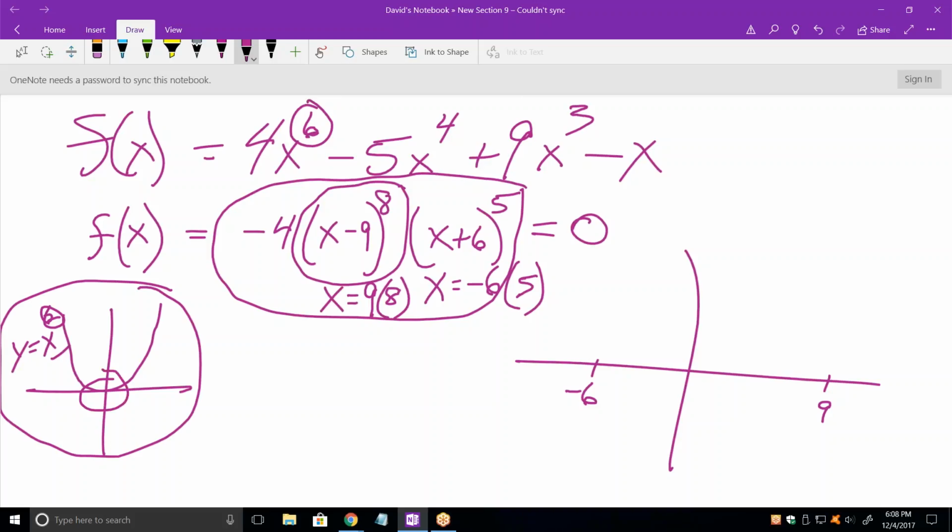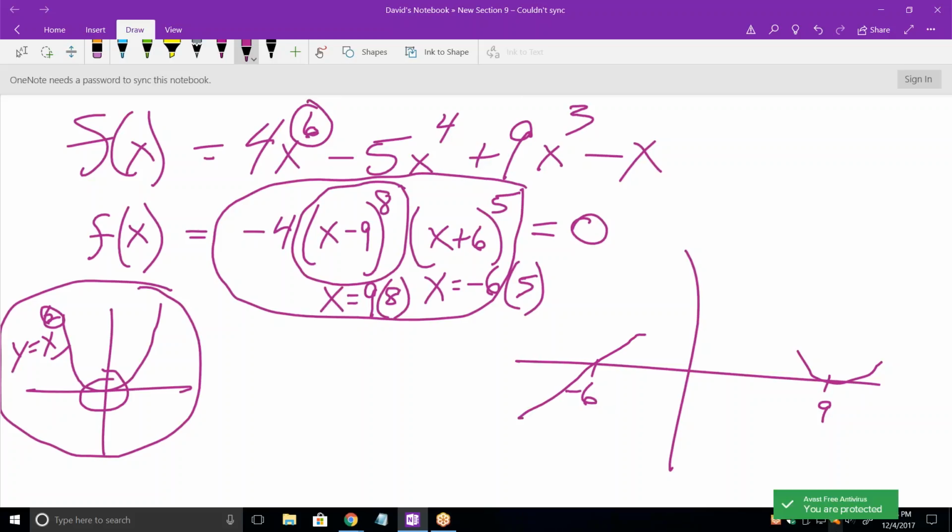It just touches it. When you have multiplicity that is an even number, it only touches the x-axis. It does not cross it. So at 9, it's going to be tangent to the x-axis. At -6, it's going to go through the x-axis.